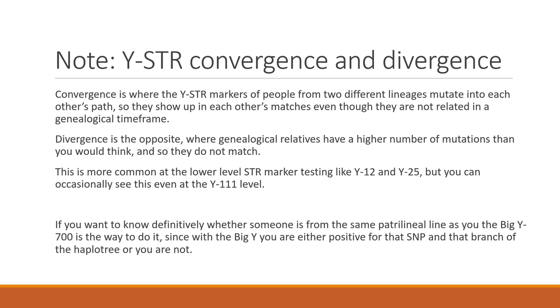And there's also divergence, the opposite, where the STR markers mutate more rapidly than you would expect, and people who you would think would match each other do not. Convergence is more common at the lower STR marker levels like Y12 and 25, but you can occasionally even see this at the Y111 level, especially in some branches of the haplotree.